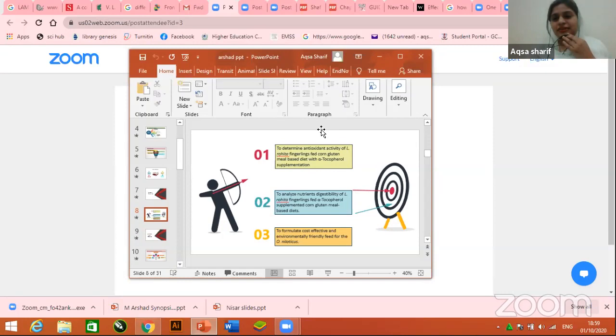And the third, which I think is the most important objective of my research, because the fish farmers confront a budget problem, so our research is to provide cost effective feed to the farmers.